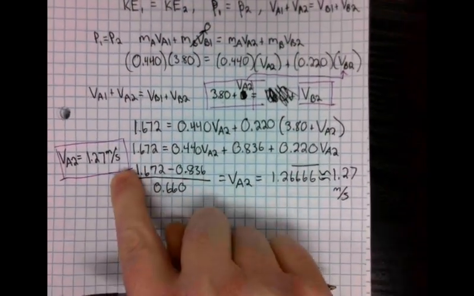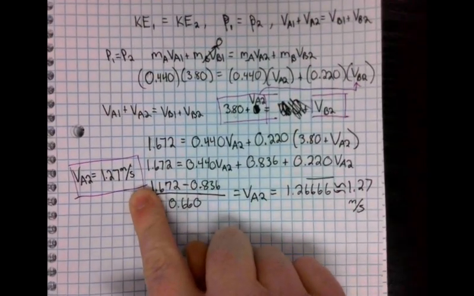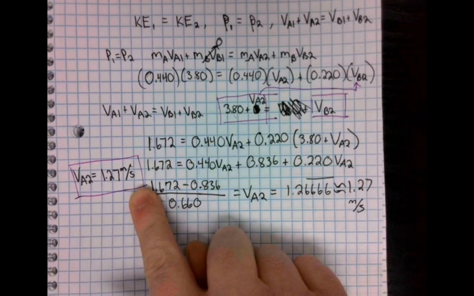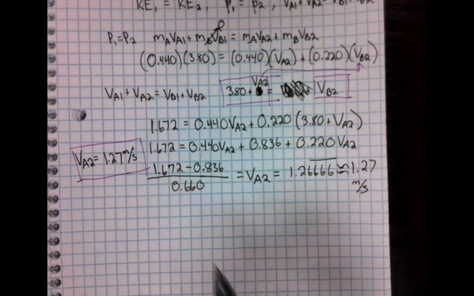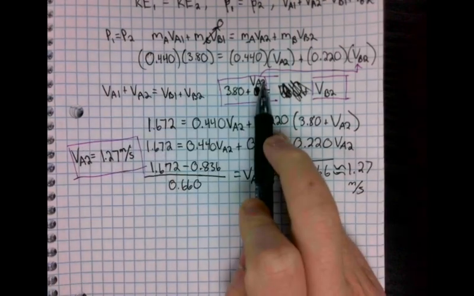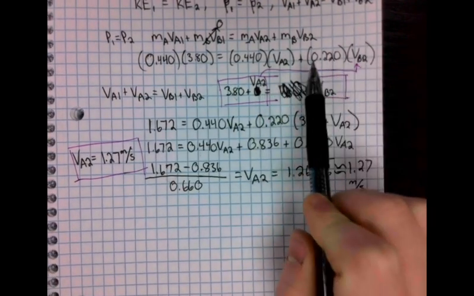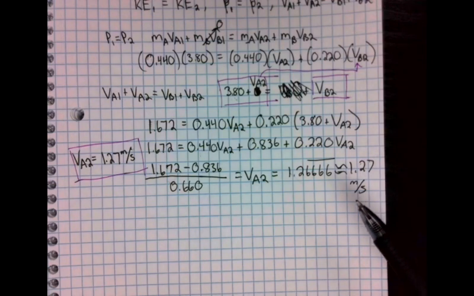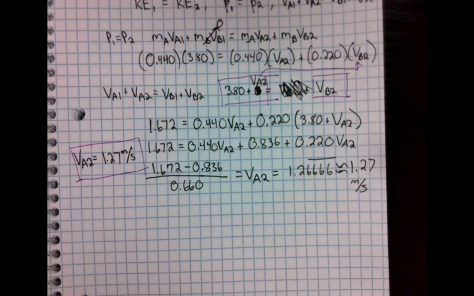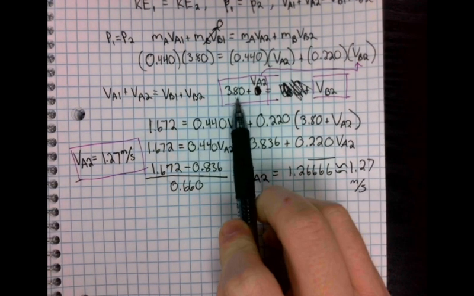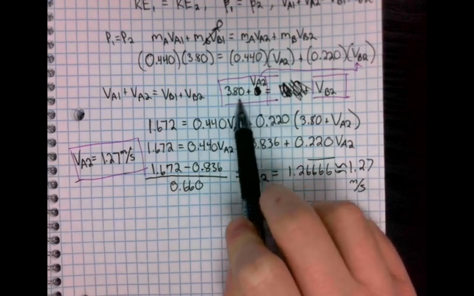So we now know that ball A is actually going to continue moving forward. It's just going to be continuing to move forward kind of slowly. We can now plug this back into our already solved problem here and solve for what our VB2 must be. Or, as it's actually going to be a lot easier, we could also plug it into our velocity equation down here.